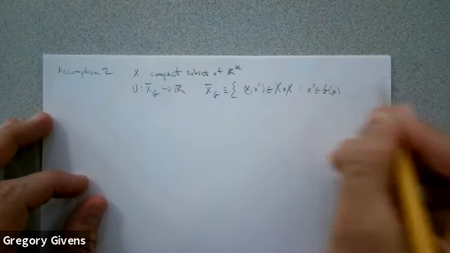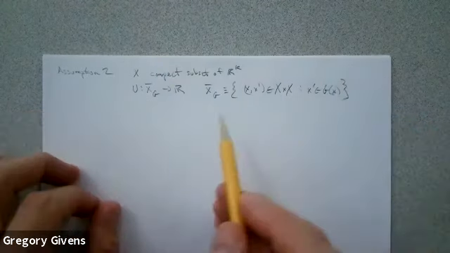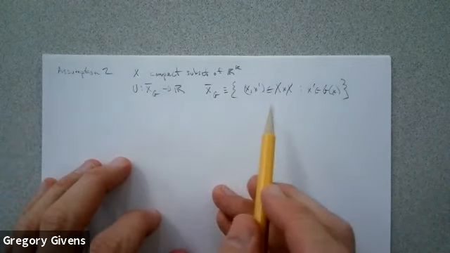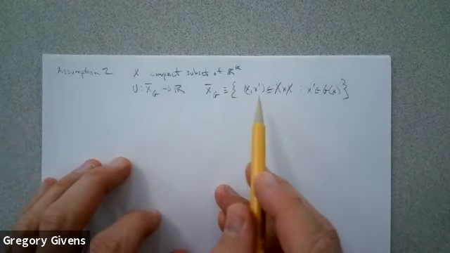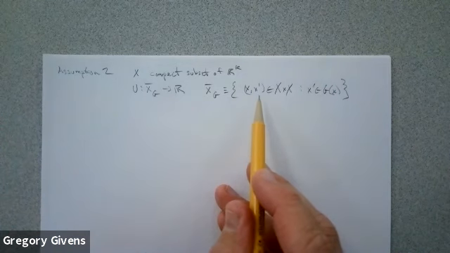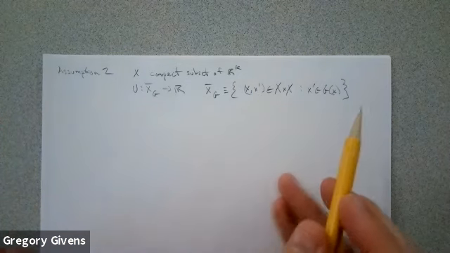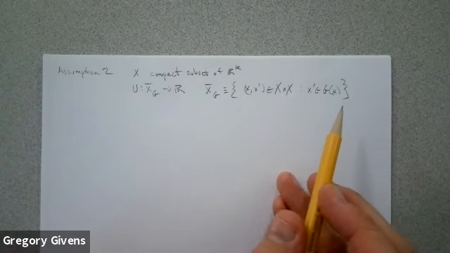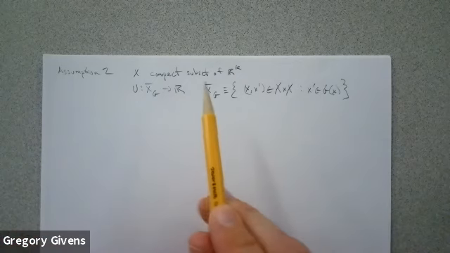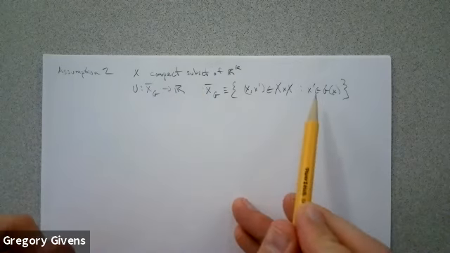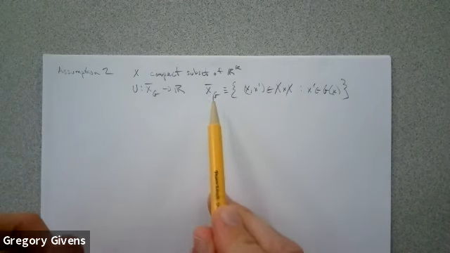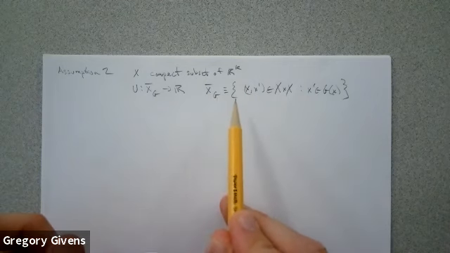That is, it lives inside G of X. So X bar G is the set of all possible values of the state and control that are feasible, okay? Now, if G is compact valued and continuous, then that means X bar G is also going to be a compact set.